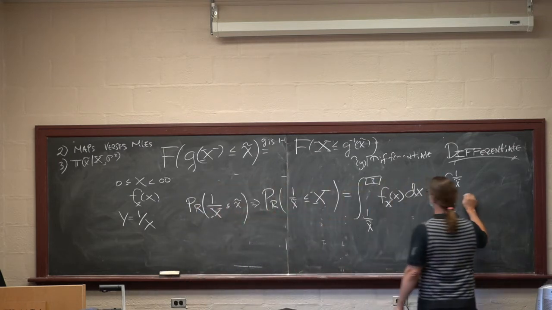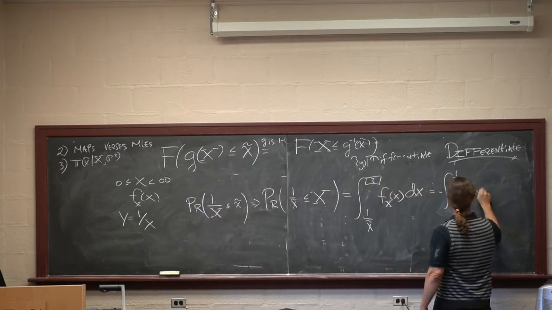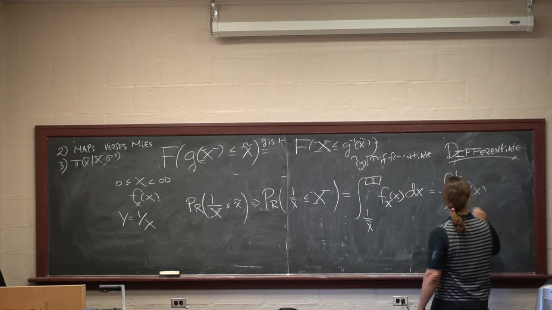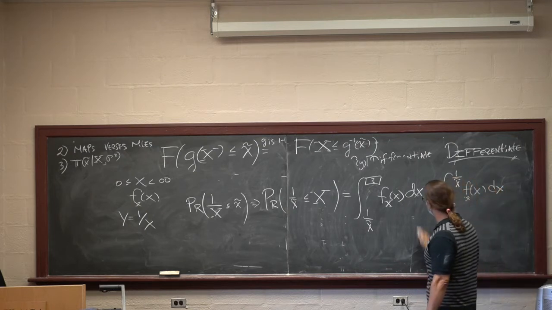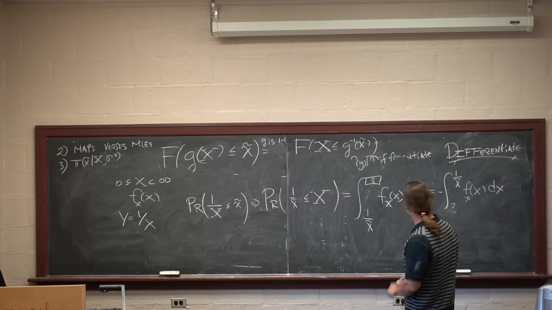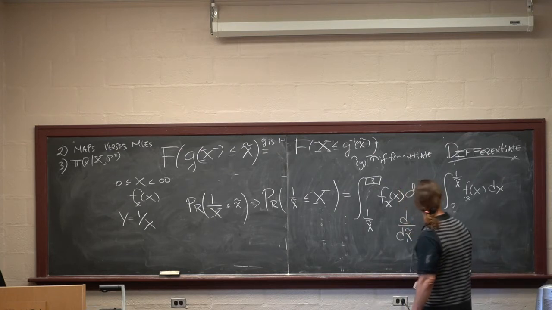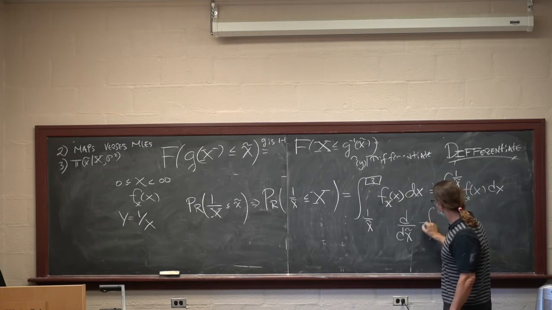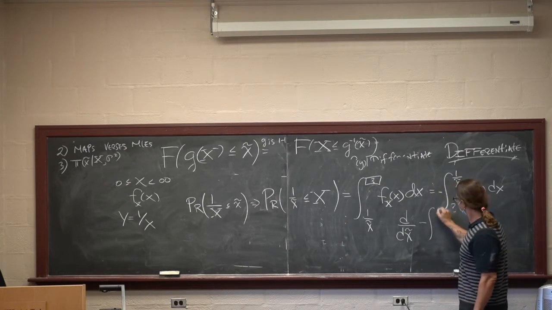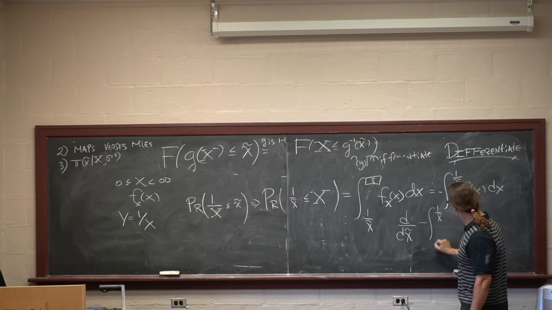So this is going to be f of x dx. So when I take my derivative of all of this, dx tilde of my minus integral, 1 over x tilde.